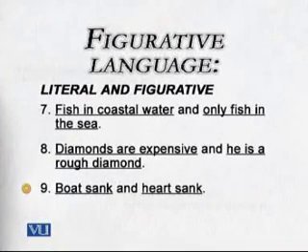Or someone is fruitful, or someone is so helping and so kind and so considerate. So you can call people diamonds. If you call someone a rough diamond, it means someone has skills but needs polishing, for example. Then, boat sank and heart sank.